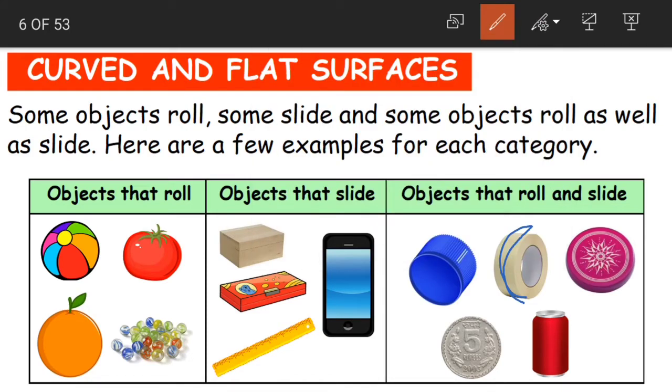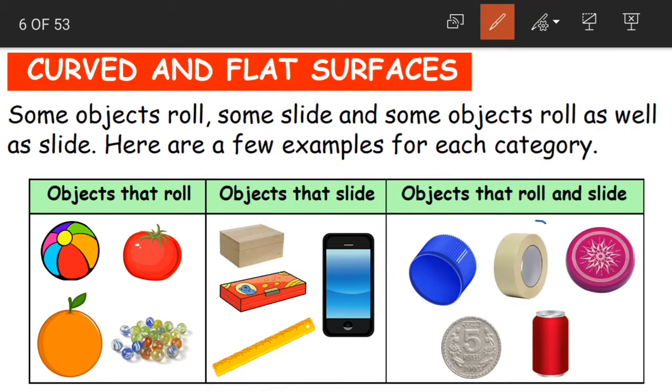I'll take another color. This is a flat surface. Our tape here has two types of surfaces, one flat and the other curved. As it has both, it can both roll and slide.